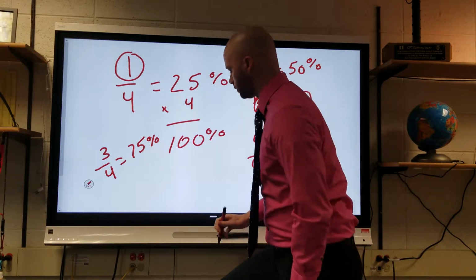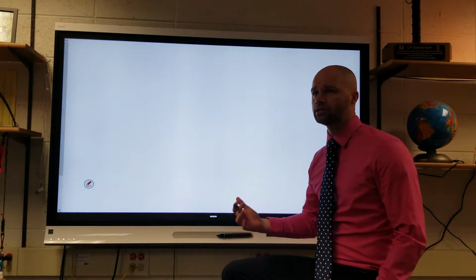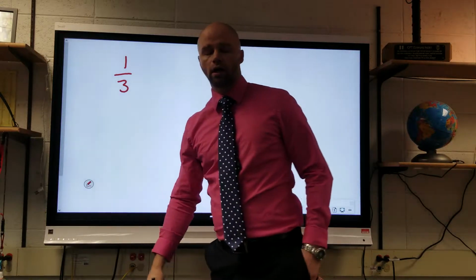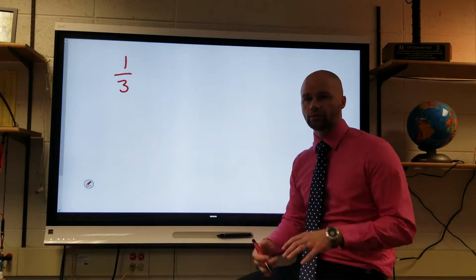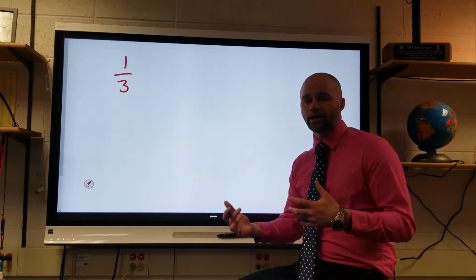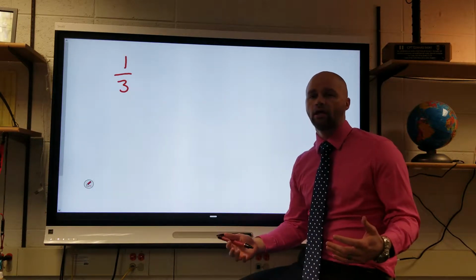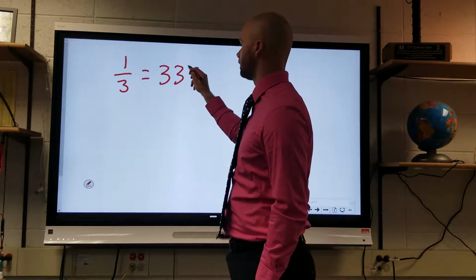Now when we talk about equivalent fractions, the reason this works is if I say I have 1/3, that means I have 1 out of 3 of something. I think of it as baseball or basketball. If I hit the ball 1 out of 3 times, I hit the ball 33% of the time.